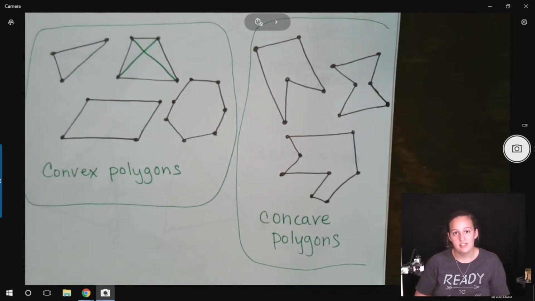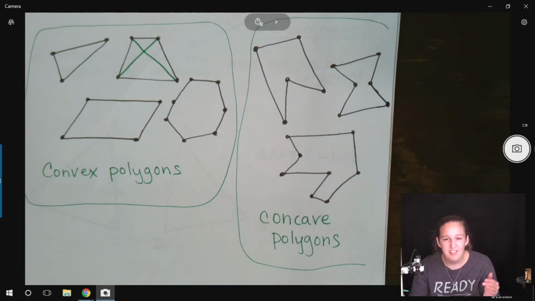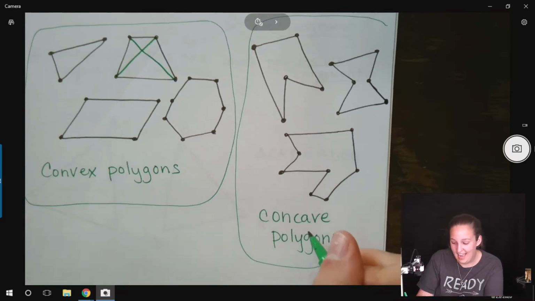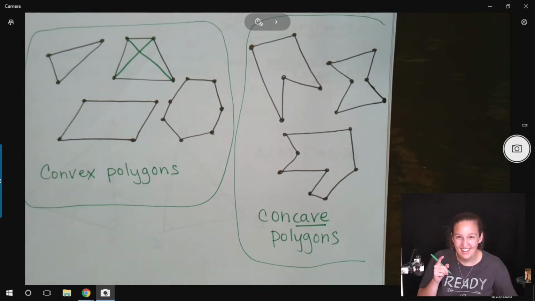What is the difference? You might notice that these kind of go in on each other, so they somehow cave in. They cave in. Right?